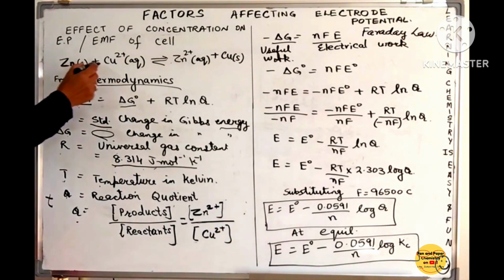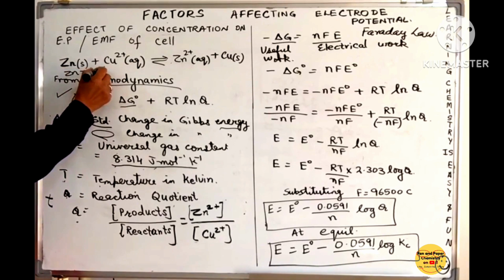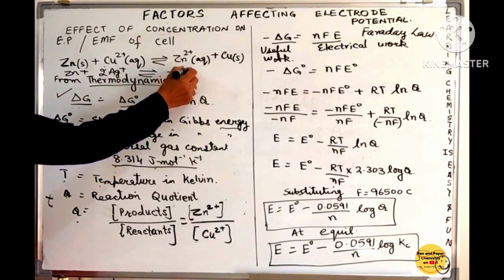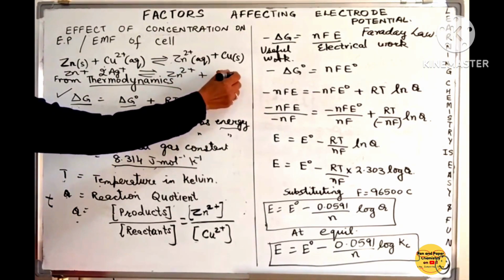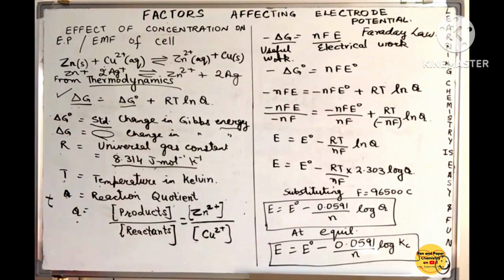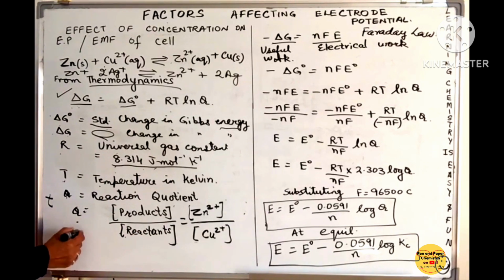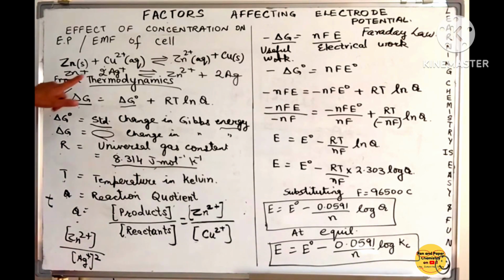If there was a coefficient, let's suppose I had zinc plus 2 Ag positive in equilibrium with zinc ions plus 2 Ag, then for the products we would write the zinc ions, and for the reactant it would be the silver ion raised to the power of 2, corresponding to the coefficient that we have over here. I hope this makes it clear.